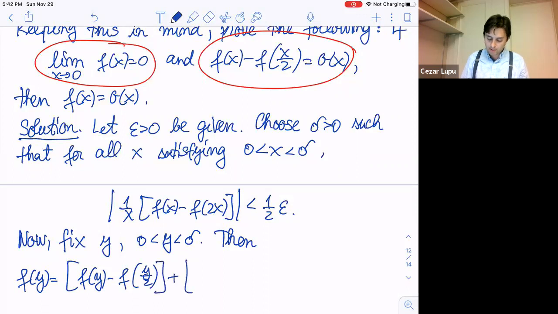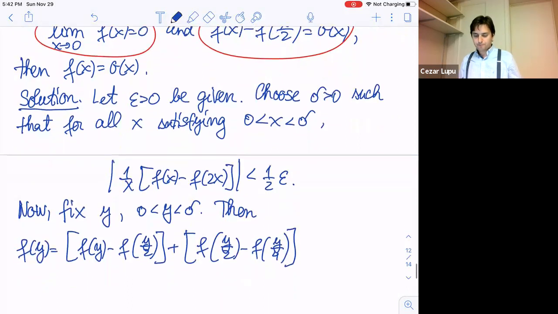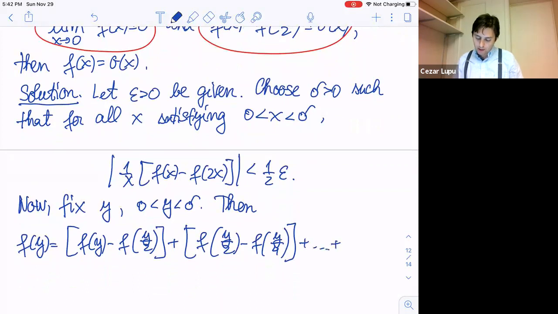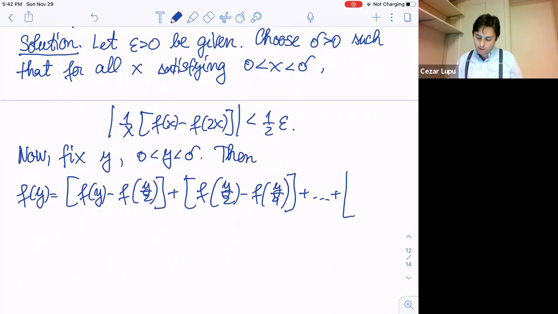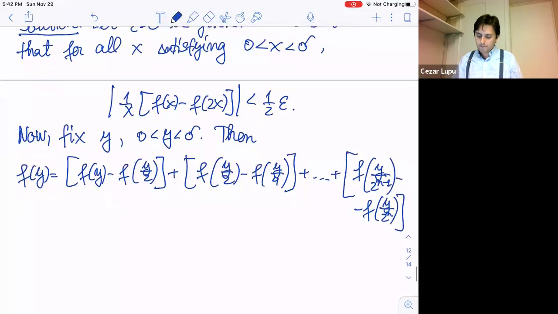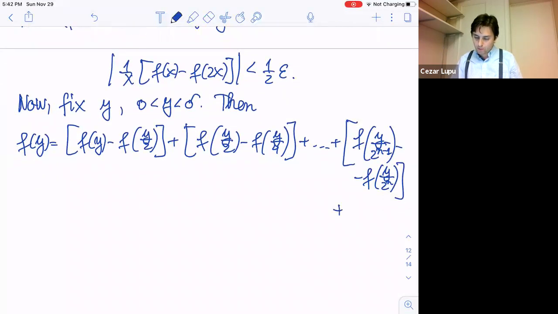Now I'm going to reiterate, so f of y over 2 minus f of y over 4, plus, and we keep going till the last one, which is f of y over 2 to the n minus 1 minus f of y over 2 to the n, and plus the last one, so I'm just going to add and subtract this, f of y over 2 to the n.